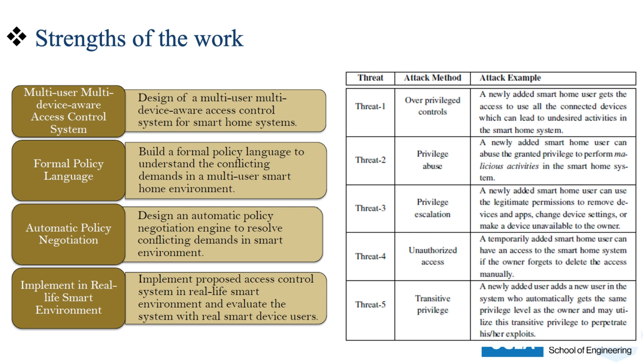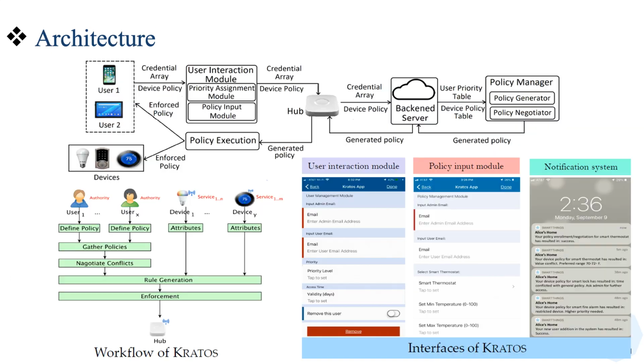Here, through the 3 different systems that they're defining, the user can interface with the device, and this is the architecture. We have the user interface, and the users can interact with the smart home devices. Then it goes to the backend module, which defines policies based on the 5-tuple: the different values, the time, and the priority of the users. So it's the time frame you give to each user, and the values you define for each device.